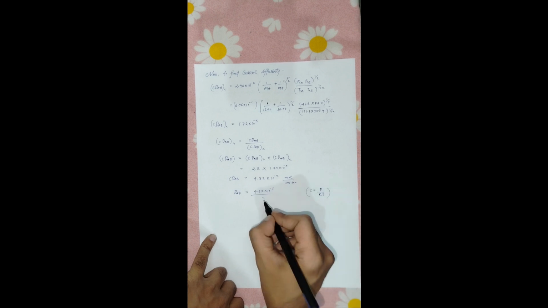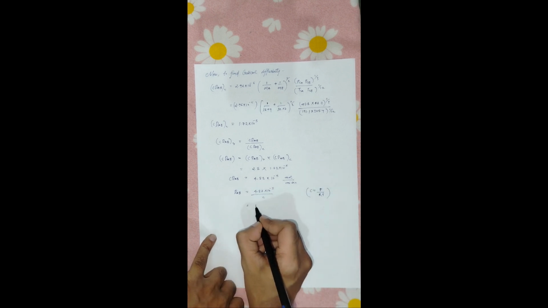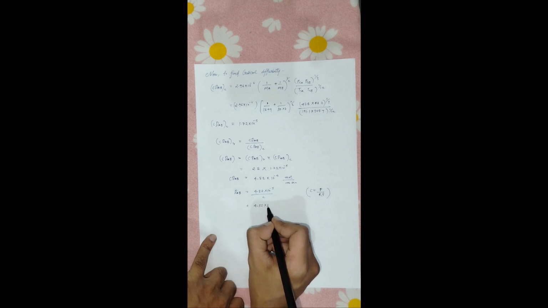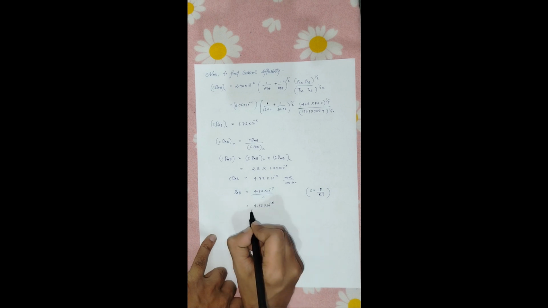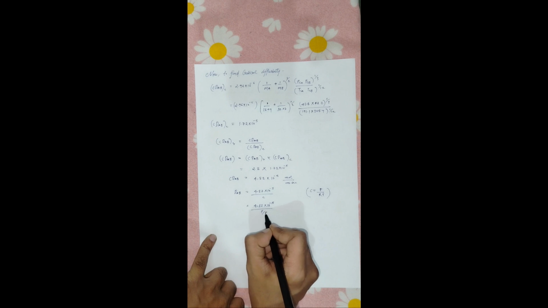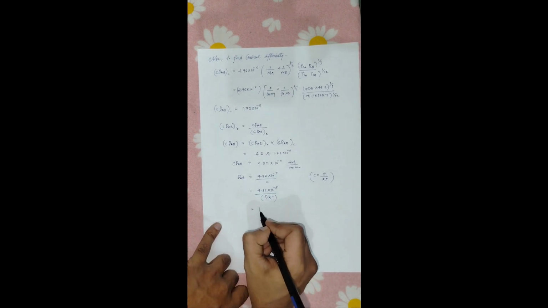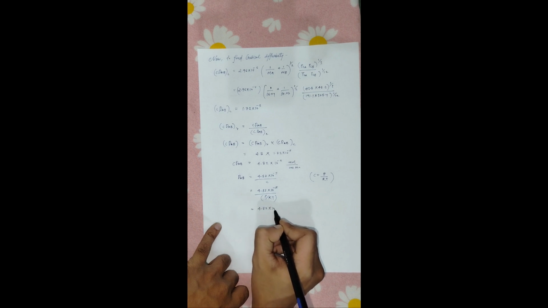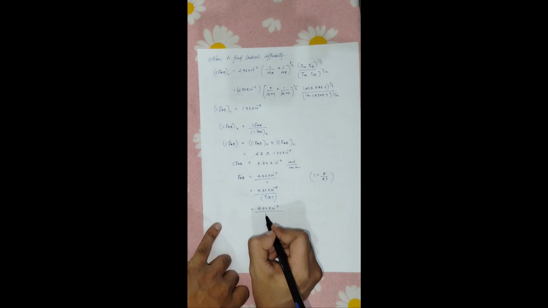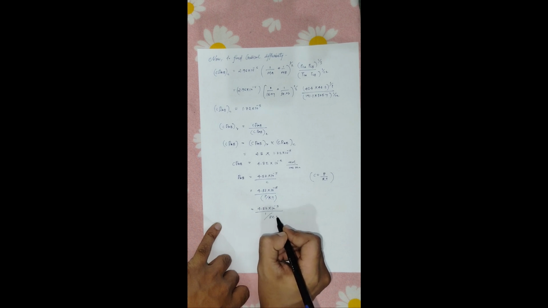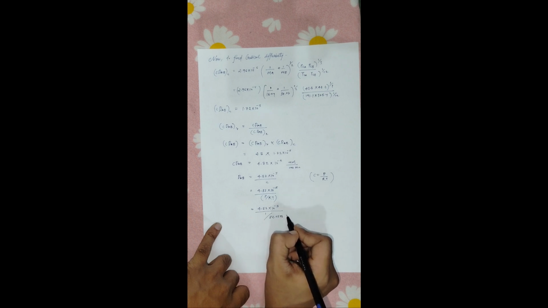So we'll substitute here and calculate the diffusivity of the system: 4.82 into 10 to the power minus 5 over P by RT, with 82.0578 into 756.